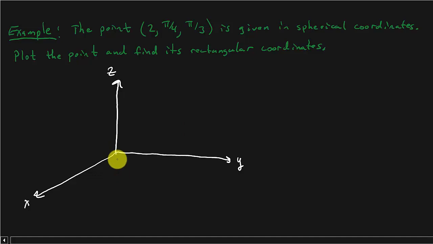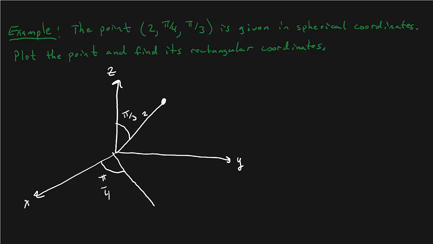And so let's draw this right here. This is our pi over 4. This angle here is pi over 3. This distance here is 2.